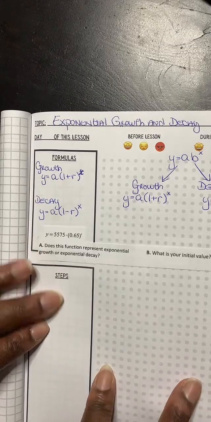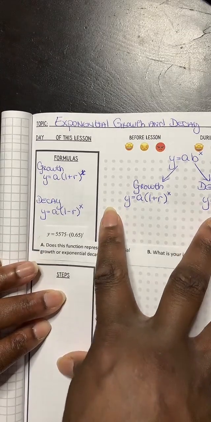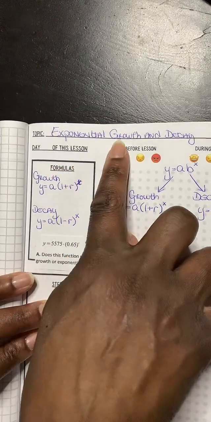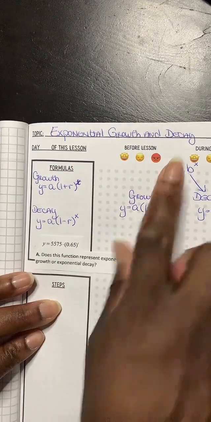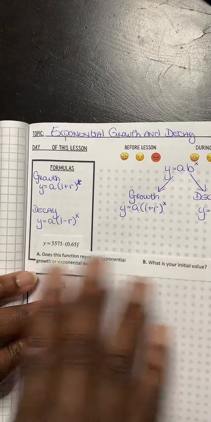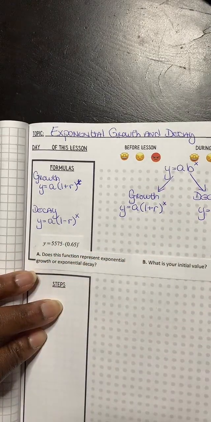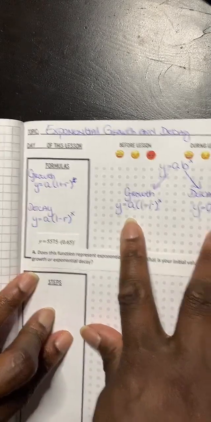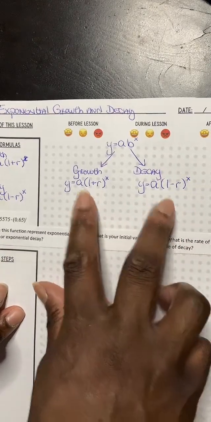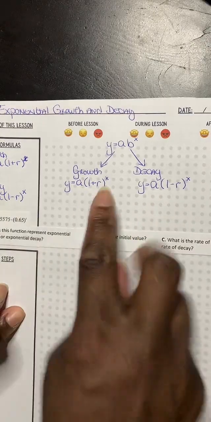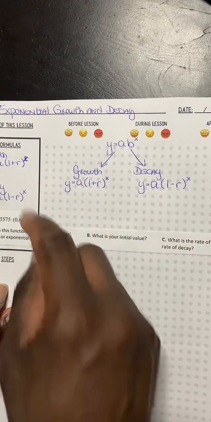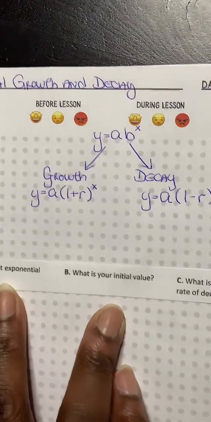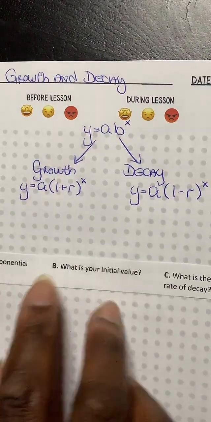All right. So tonight, we're going to talk a little bit about exponential growth and decay. I'm doing the simplest of the simple. I'm not trying to get all fancy and stuff like that. The main thing that you need to remember, let me zoom. Woo, that was crazy. Here we are.